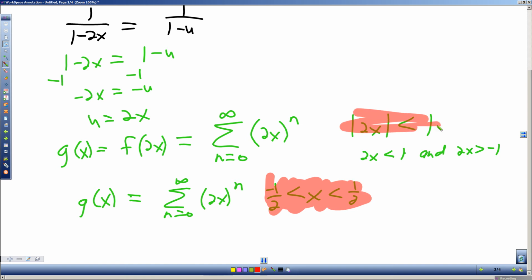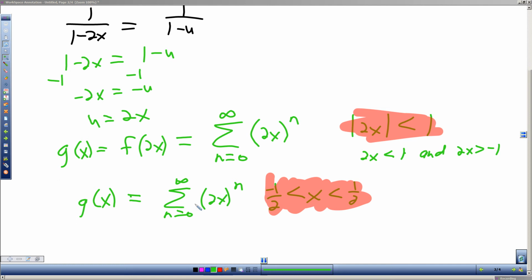It's only true in this range, that g of x is equal to this. So would that not be the infinite value? Well, we can go from 0 to infinity, but n is infinite. So we can plug in 2x to the 0, 2x to the 1. Are there other restrictions besides x? Yeah, what values of x you can plug in. n is not restricted, n is an infinite number.